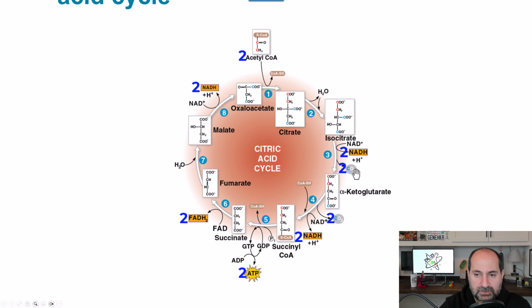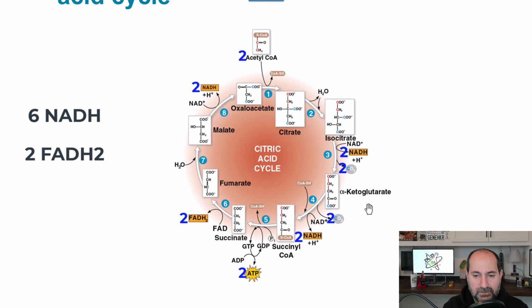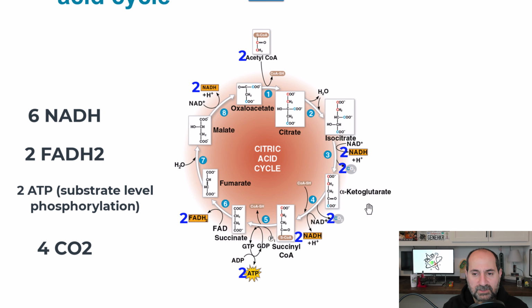And here's 2 CO2s right here, so let's multiply that by 2 as well. 4 CO2 are formed. So again, during the citric acid cycle, 6 total NADH are formed, 2 total FADH2, 2 ATP via substrate level phosphorylation, and 4 CO2 byproducts are formed as well.